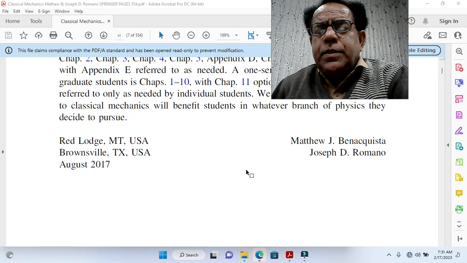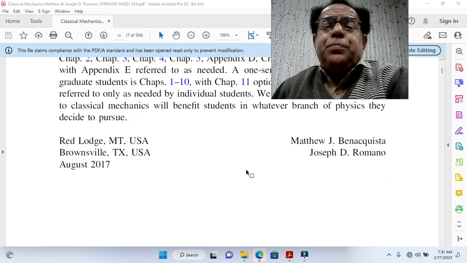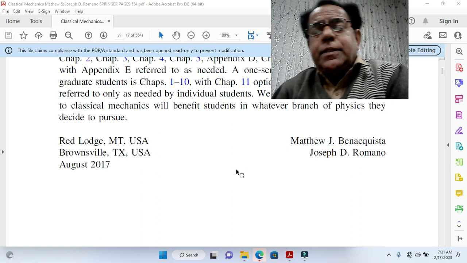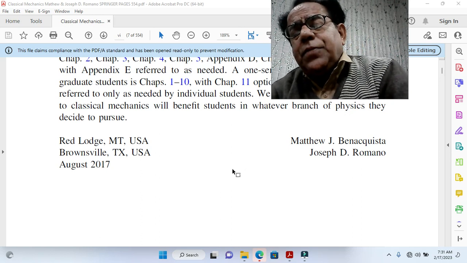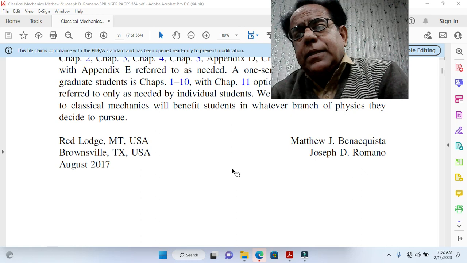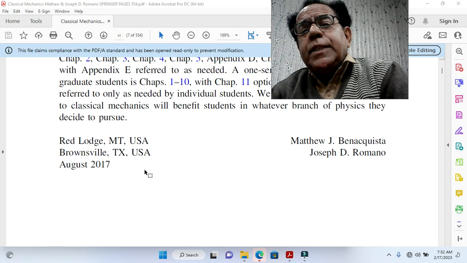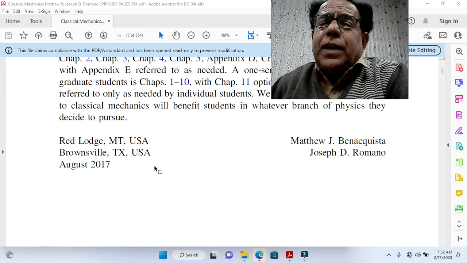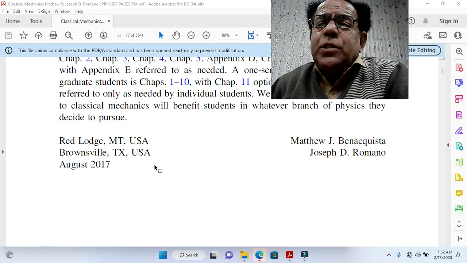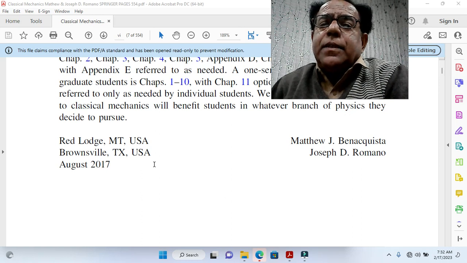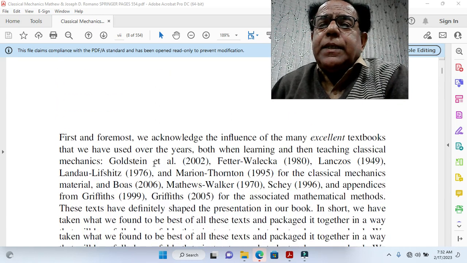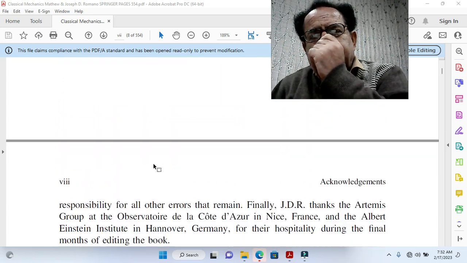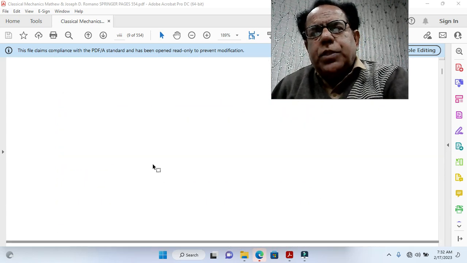Dear students, as I have previously stated, the preface is always written some months prior to the publication of the book. So this book was published in the year 2018, while its preface was written and signed by the authors in August 2017.